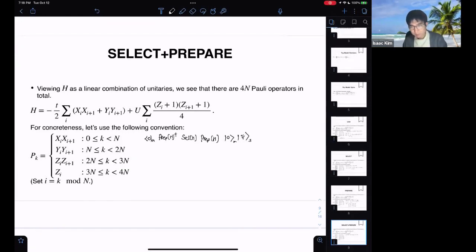We're going to just apply the bra 0 on the left-hand side because that will make our life slightly easier.